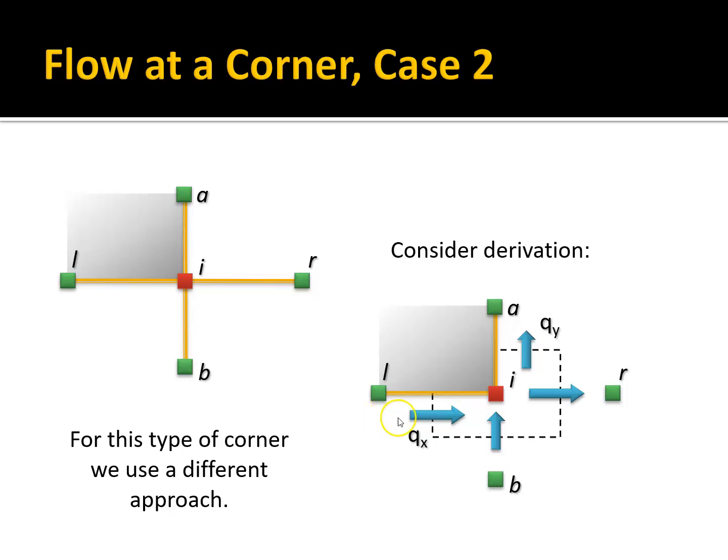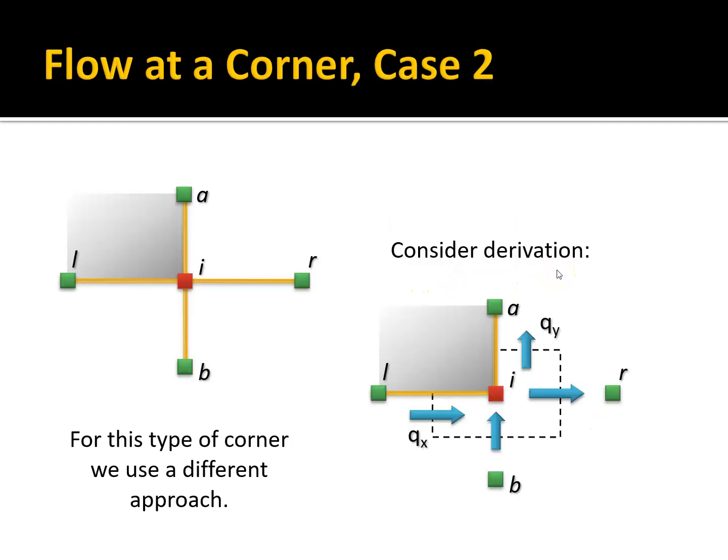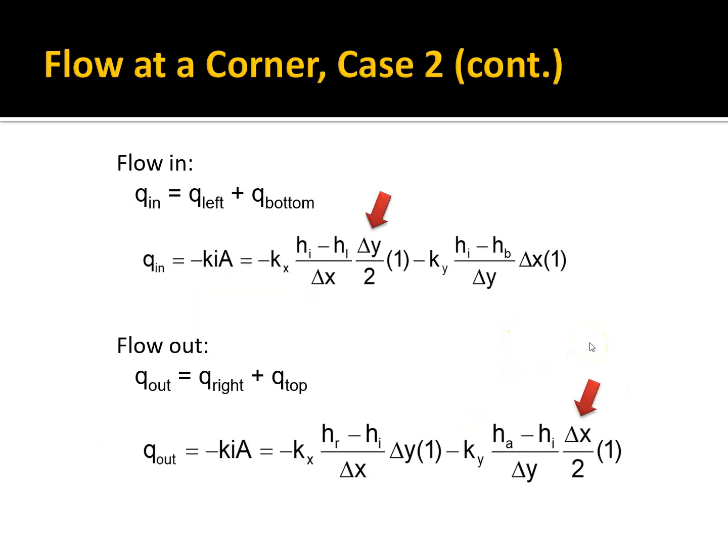And to get the Darcy's law here, the area that it flows through is going to be 1/2 of delta y. So notice we have a delta y over 2. And then in the x direction, it's a full delta x because it's this flow that's going out the right side. And then in the vertical direction, we have an entire delta x that it flows through going in, but going out, it goes through a 1/2 delta x.